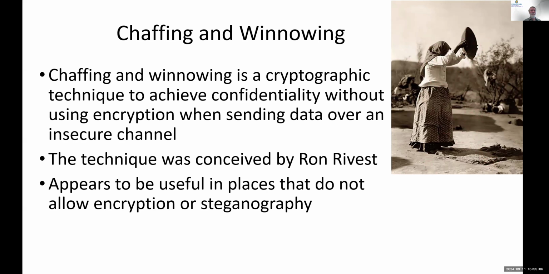Okay, but basically, the whole concept is mixing up the data with false data. You generally use a MAC, a message authentication code. You send a whole stream of messages. Some of the message authentication codes are correct, some are not.